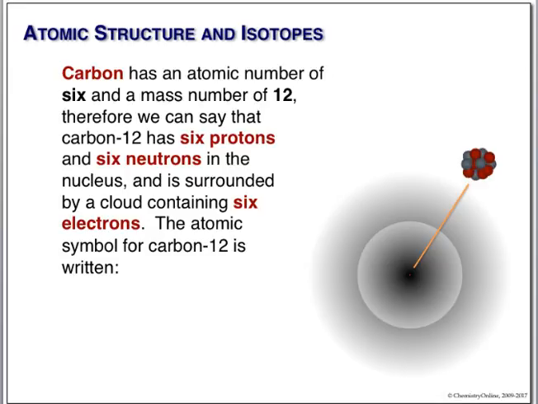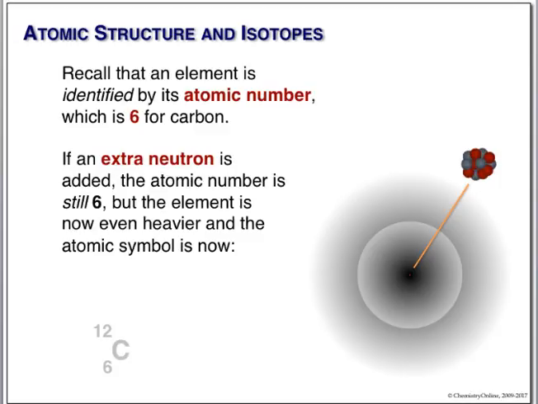If we took this and we added an extra neutron, here we have our symbol for carbon 12, mass number of 12, 6 of those are protons. If we add one more neutron here, we would wind up with a carbon with a mass number of 13.